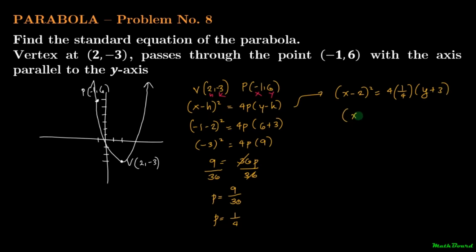Simplify, so we have x minus 2 squared equals 4 times 1/4, this will be cancelled, so become 1 times y plus 3. Finally, the standard equation would be x minus 2 squared equals y plus 3. No need to write the 1. Okay? Clear tayo dun? So, we proceed to the next problem.